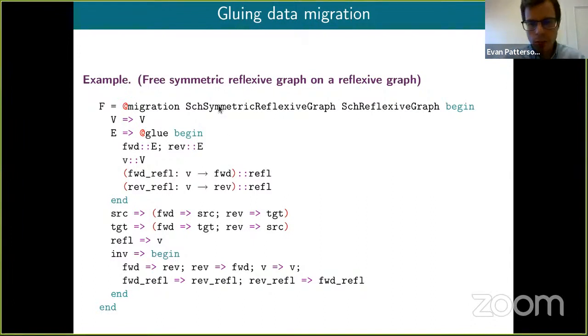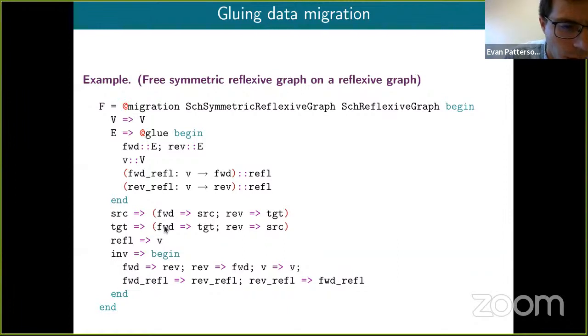Normally, to construct the free symmetric graph on a graph, you just add an edge going in the opposite direction for every edge in your original graph. But in this case, if we just do that, we'll end up with 2 copies of the reflexive loop. And so you actually need to do a bit more. You then need to glue the edges that correspond to the reflexive loops together. So that's what's done here. That's what's done with this colimit.